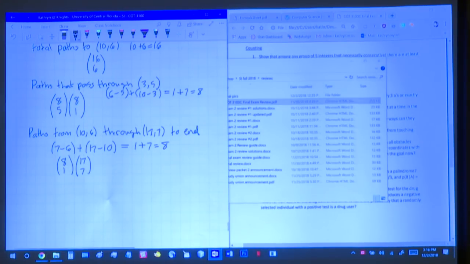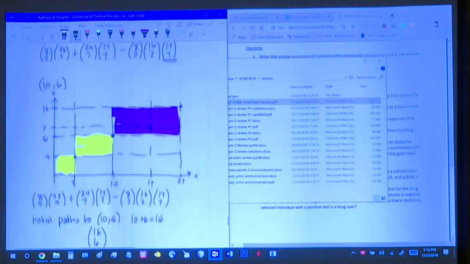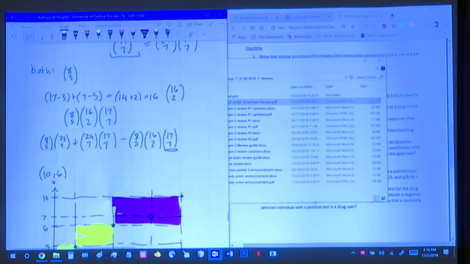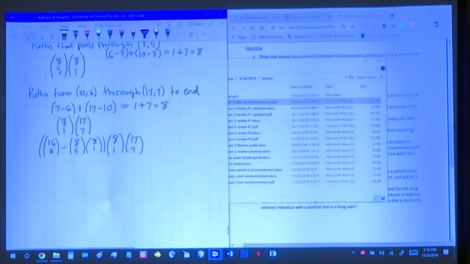So now all of these paths right here would be 16 choose 6, minus 8 choose 5 times 8 choose 1, and that times this, so 8 choose 1 times 17 choose 7. So now what we have to do is take this answer up here from part B and then add in this bunch right here.